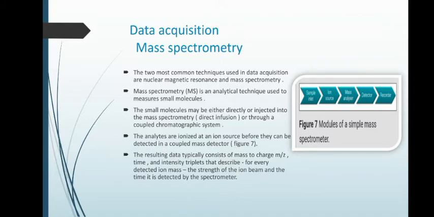The resulting data typically consist of mass to charge ratio, time, and intensity triplets that describe, for every detected ion, its mass, the strength of the ion beam, and the time it is detected by the spectrometer.